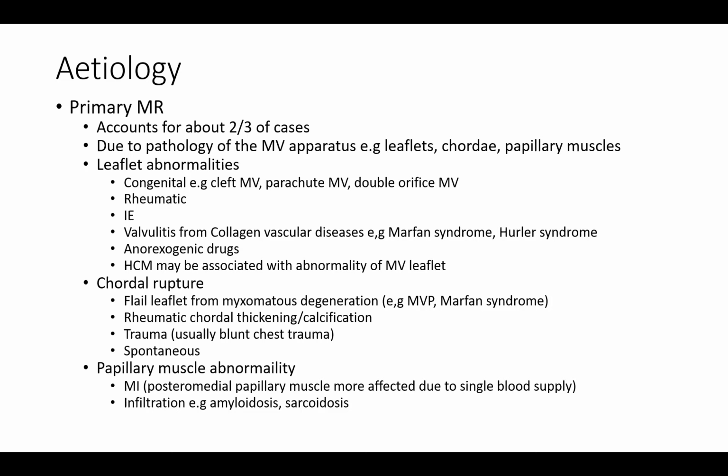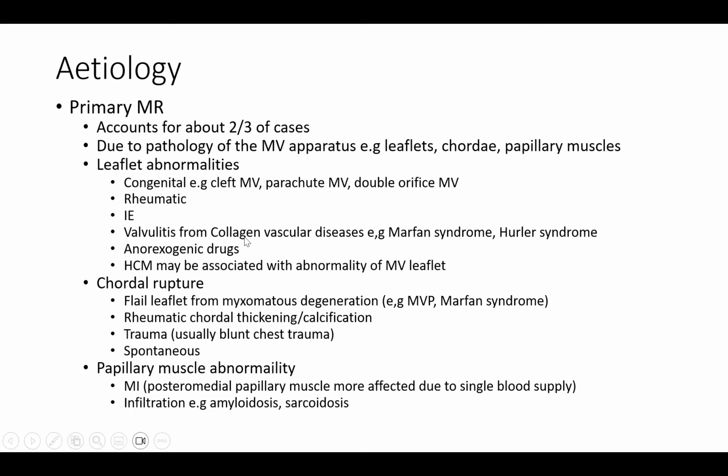So it's due to pathology of the mitral valve apparatus, either the leaflets, the chordae, the papillary muscles, or a combination. And it could be from leaflet abnormality, like congenital mitral valve cleft, parachute mitral valve, double orifice, whatever. It could be rheumatic, where sometimes the leaflets and the chordae are all thickened, distorted and calcified. It could be from infective endocarditis having destroyed the leaflet or the chordae.